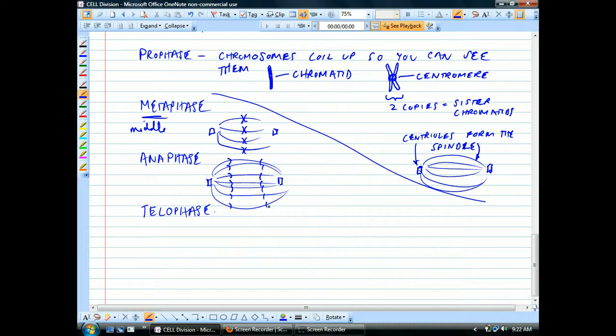Then, it attaches a pair to each of 23 spindle fibers. There's 23 fibers. Each pair of copies gets attached to one. And then the spindle apparatus actually pulls apart the copies and moves them to opposite ends. So those sister chromatids get separated and one copy moves to each side. It's literally going chick, chick, chick, and it's moving them down. It's like cranking those fibers down and moving the copies along to the other sides of the cell.